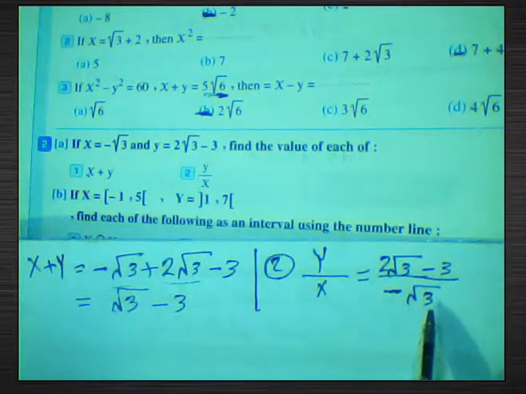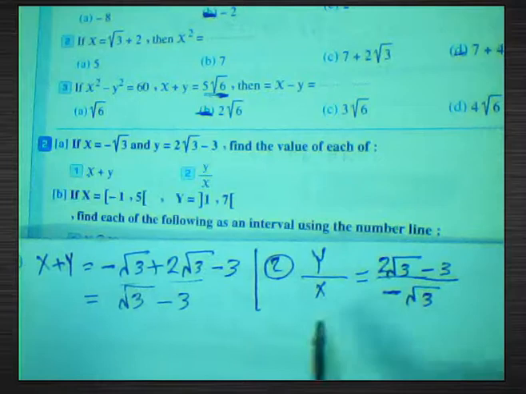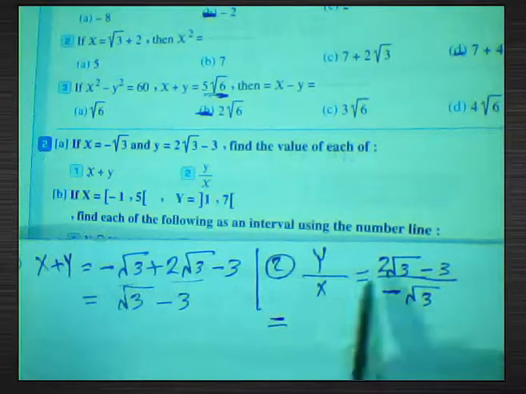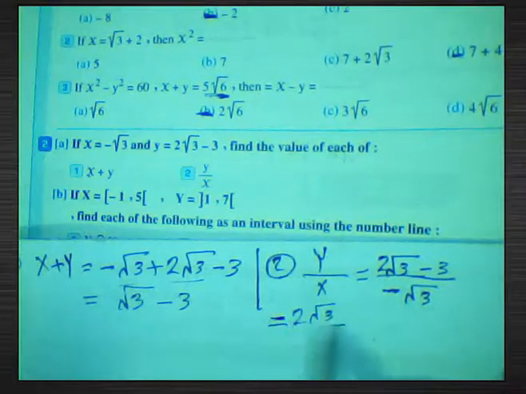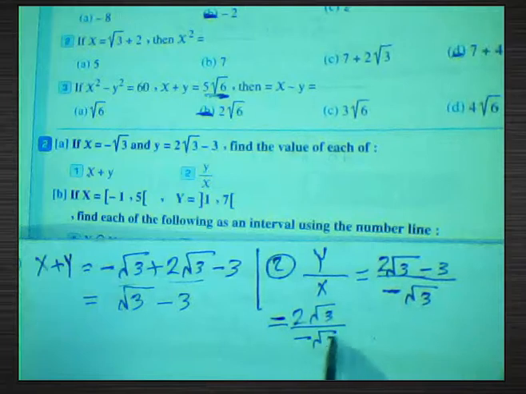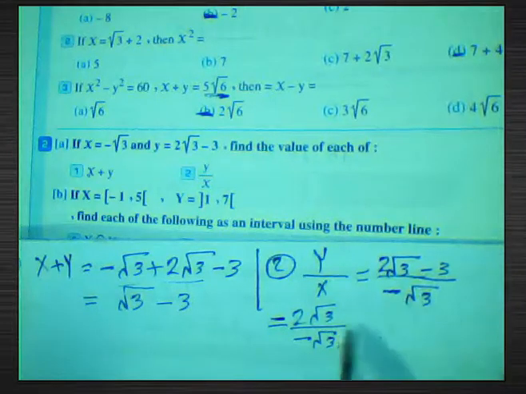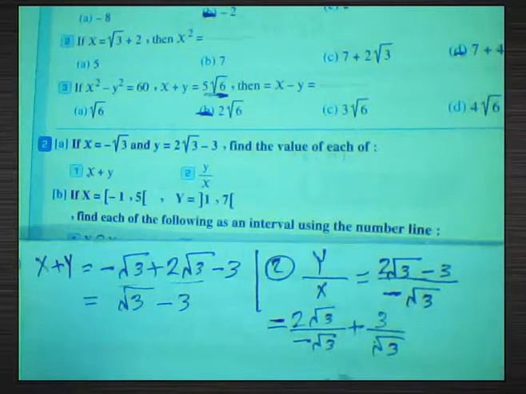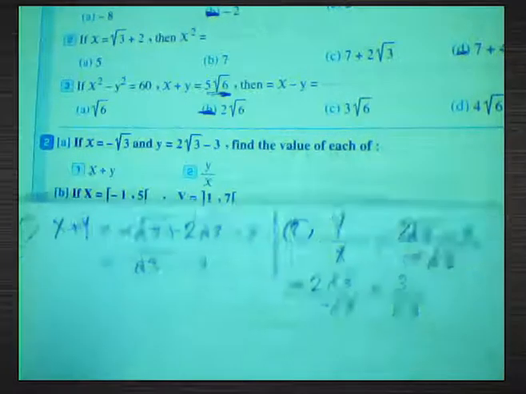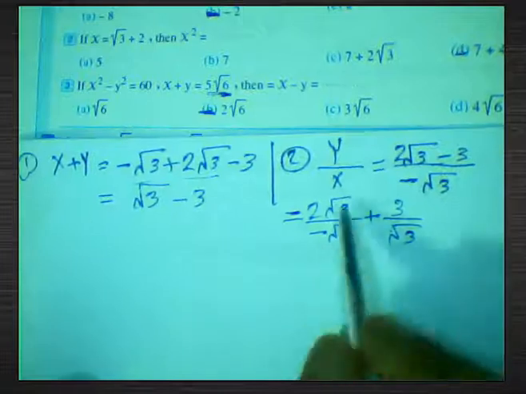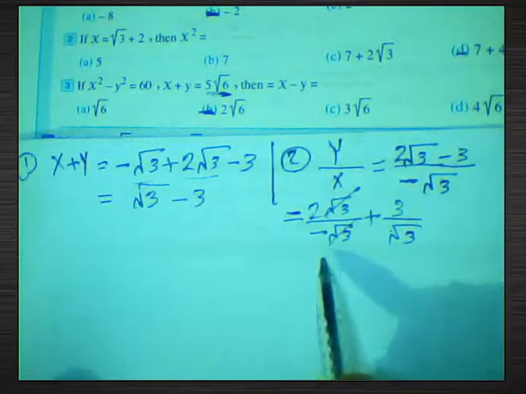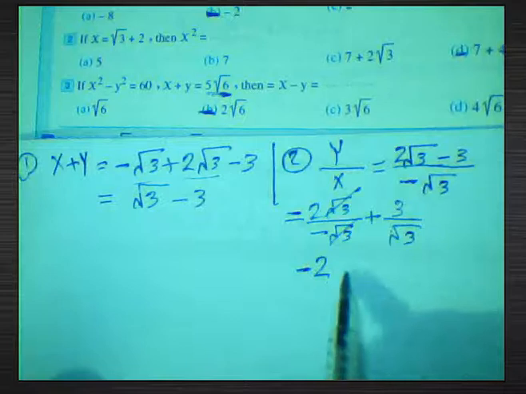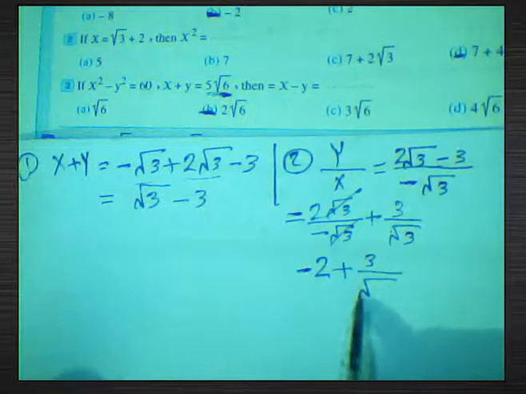We can find the result by dividing. The result will be 2 square root of 3 negative over negative square root of 3, negative divided by negative equal positive, 3 over square root of 3. We can find the result by simplifying. Square root over square root equal 1. The result will be negative 2 plus 3 over square root of 3.